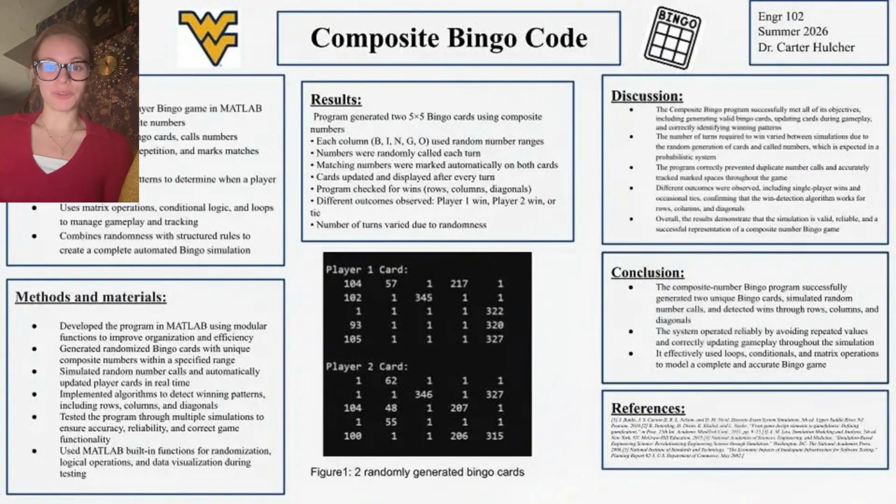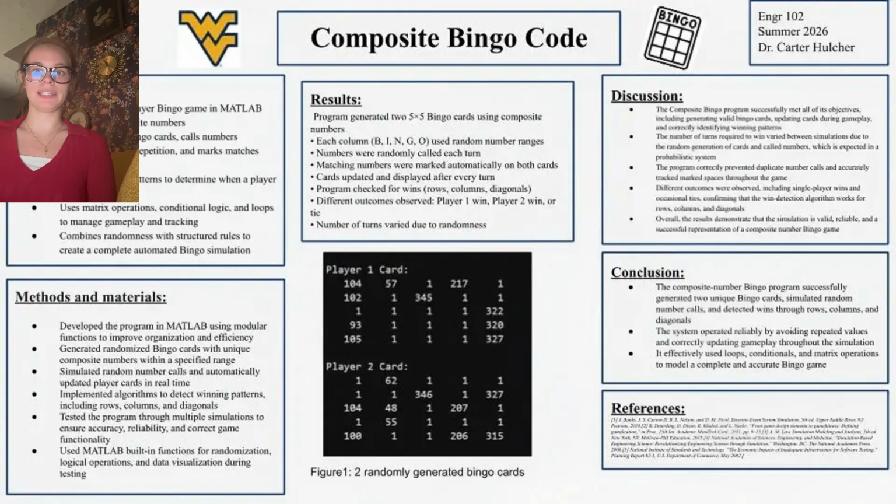For our results, the program successfully generated 2 bingo cards using only composite numbers with ranges for each column. During the game, numbers were called randomly each turn, and the cards updated automatically when matches were found.